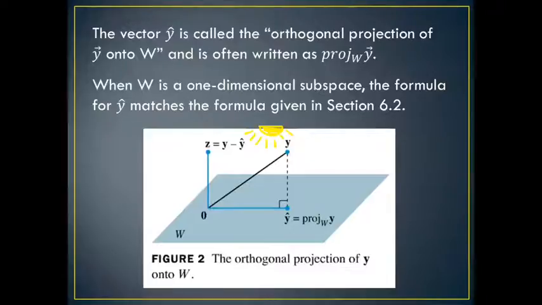So you have the shadow of y is y hat, and it's actually in the subspace W, and then z is orthogonal to W, and what we do is we just break down y into y hat plus z. So there is your visual. There's y hat, the projection of y onto W.